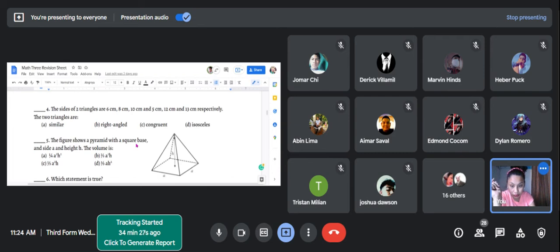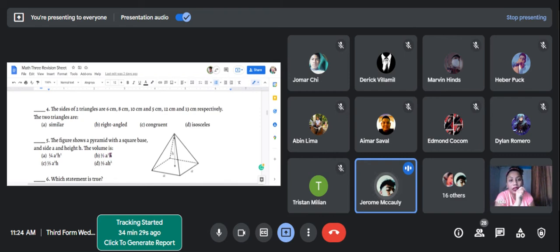What is the definition of an isosceles triangle? Miss, isn't it that two sides are equal and one is a different size? What is the meaning of an isosceles triangle? It is a triangle that has two sides of equal length.